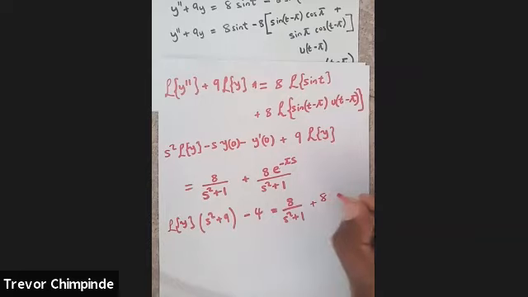Clear. Okay. So this is plus 8 e to the minus pi s over s squared plus 1, I'm sorry, not plus 9.